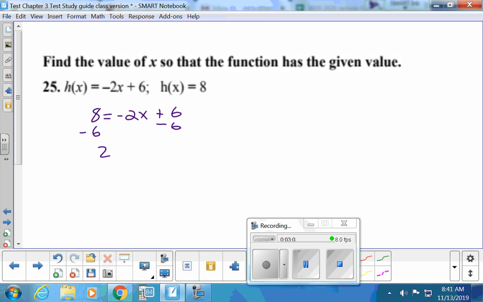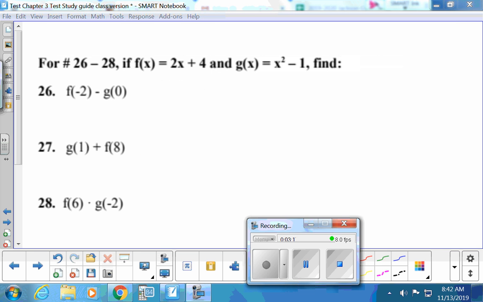Get 2. Is it 0? Negative 1. Negative 1, because you divide both sides by negative 2.